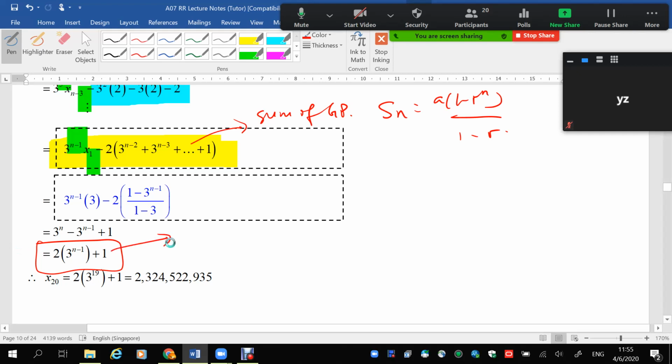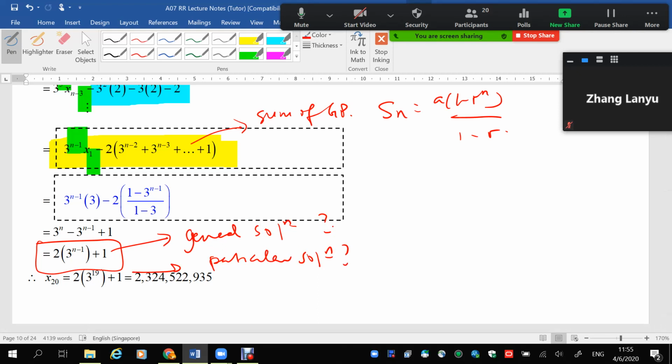Is this a general solution, or is this a particular solution? Which one is this? General or particular?